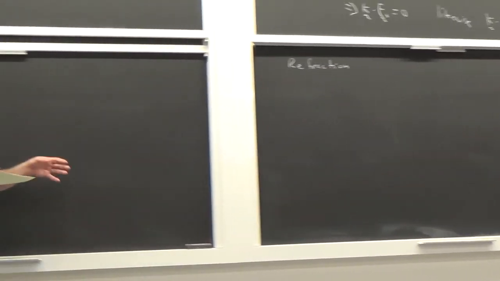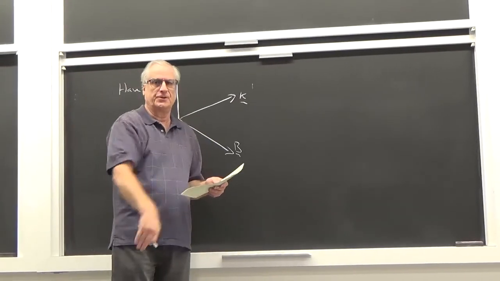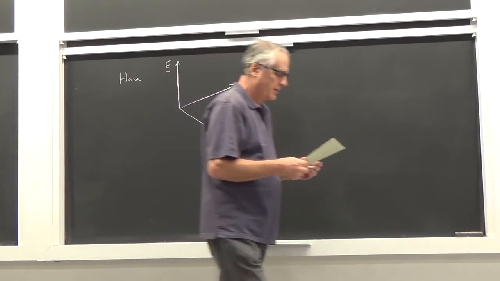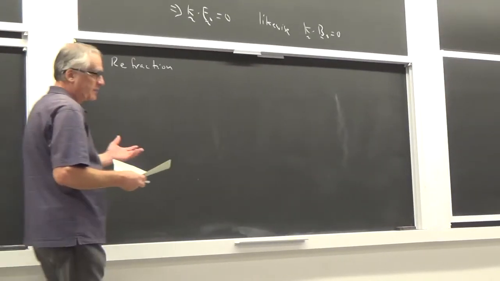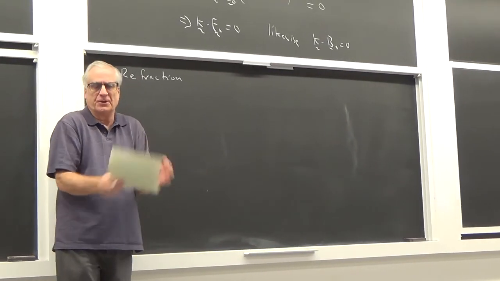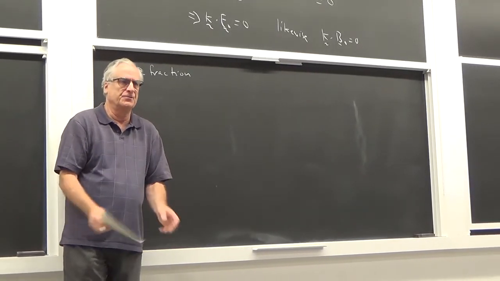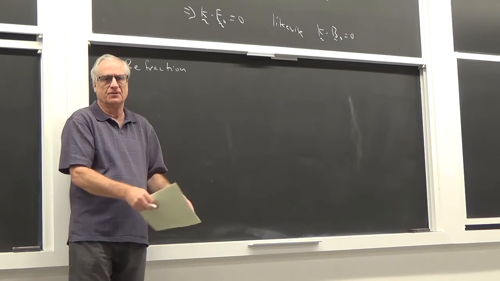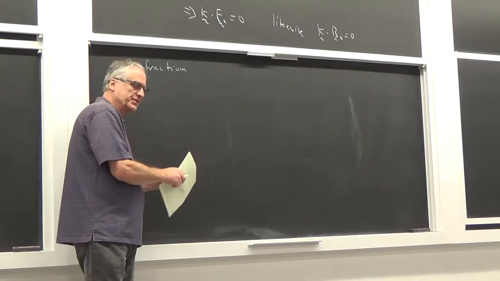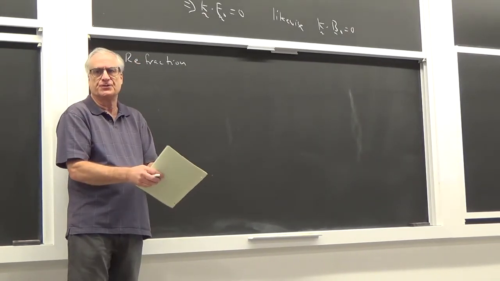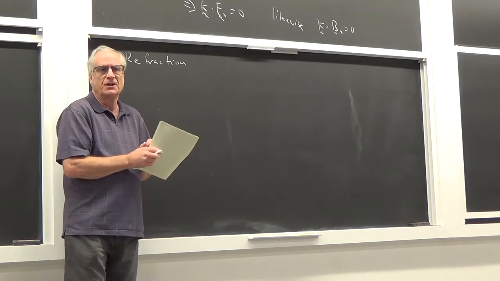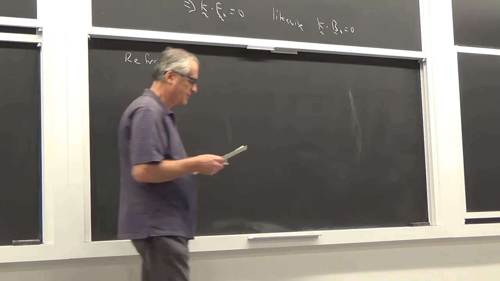What we're going to do is put another material into our space, and ask what happens. The material itself is uniform and isotropic, and the rest of the space is uniform and isotropic. So everything we said holds separately in these two regions, and it's just a matter of what happens at the boundary of these two regions that's of interest.